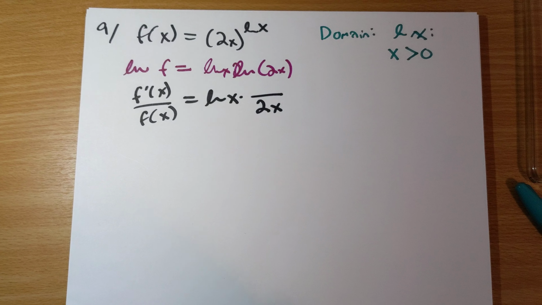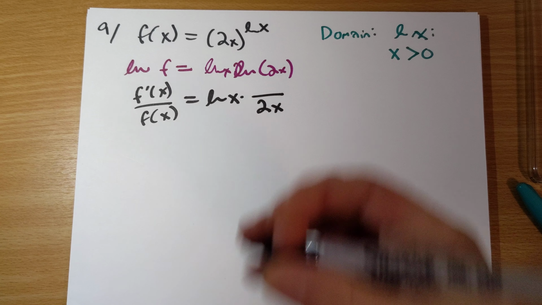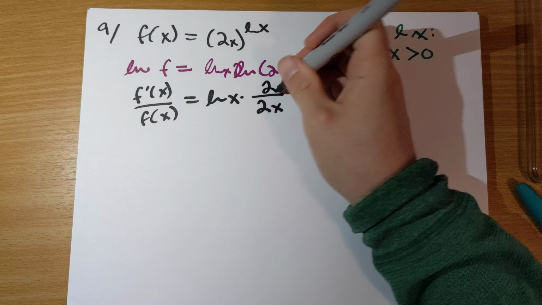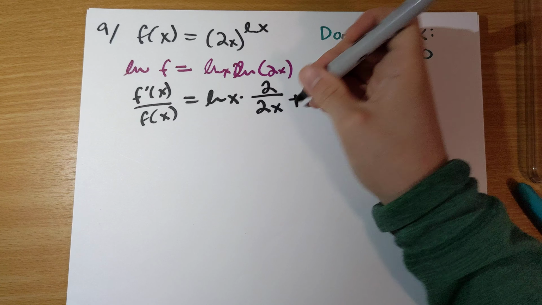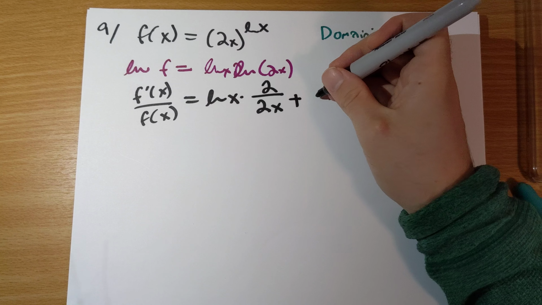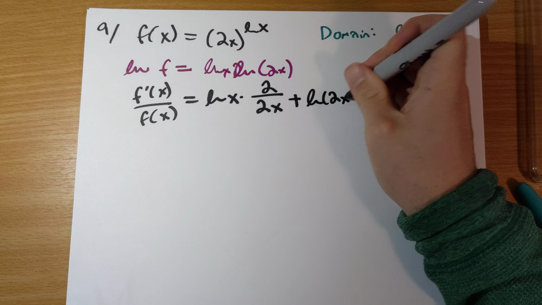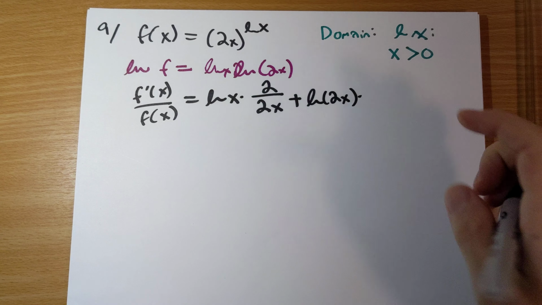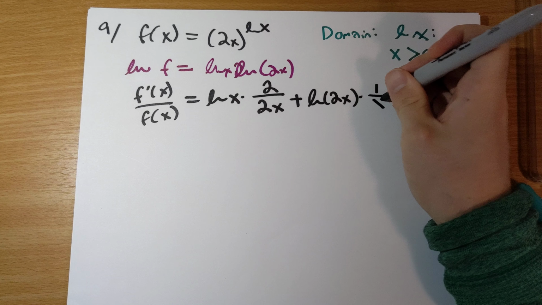That would be 1 over 2x times, by the chain rule, the derivative of 2x, which is 2. Plus the natural log of 2x times the derivative of natural log of x, which is 1 over x.